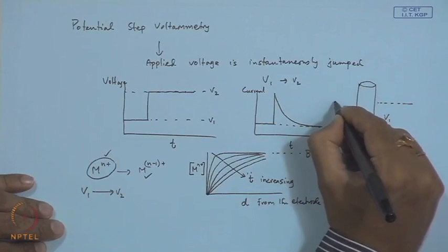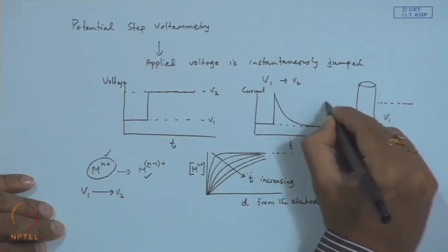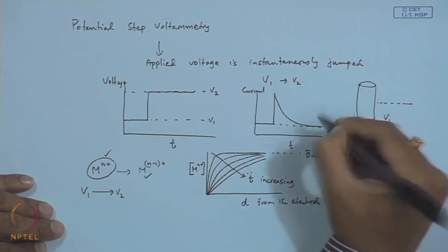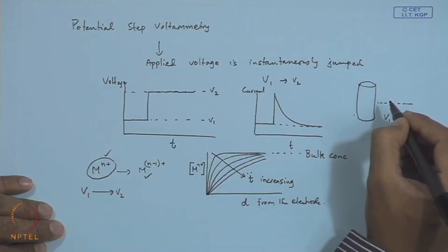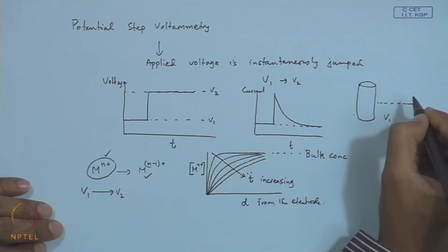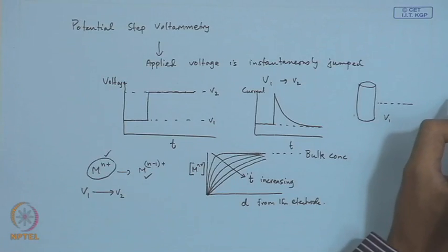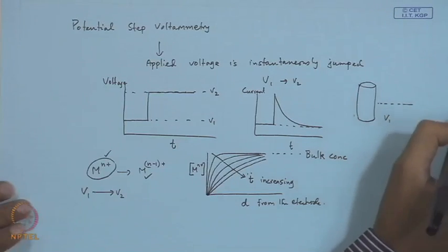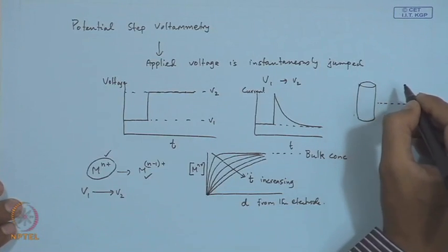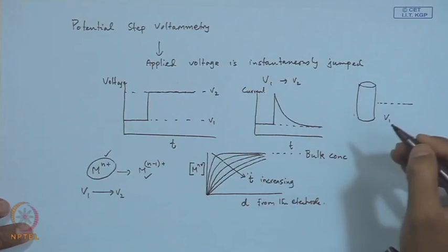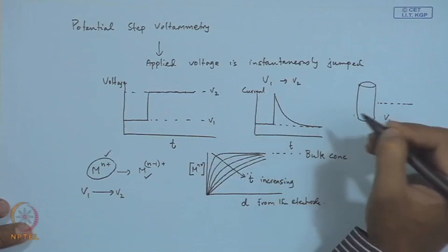So, the next layer of reactants should come through diffusion close to the electrode, and then reaction will take place. For the reaction to continue, there is a need for the supply of fresh reactant. This happens due to diffusion, therefore, it requires time.